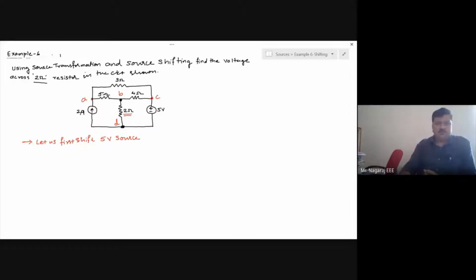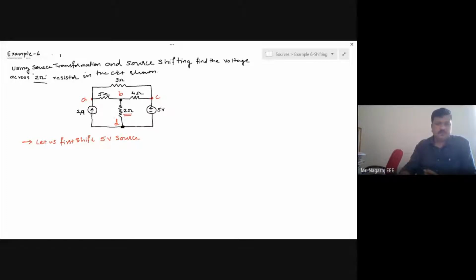Now if I shift this 5 volt source beyond node D, it will come to the branch of 2 ohm and also in the branch between A and D, and we will get a branch in such a way that I will have an independent voltage source and independent current source in series.